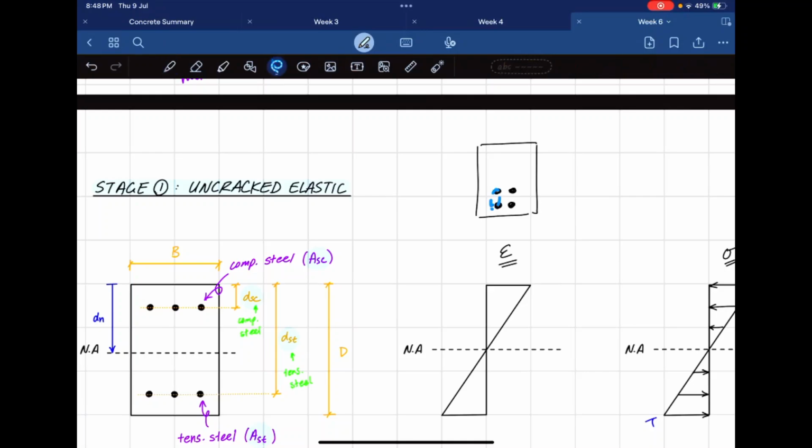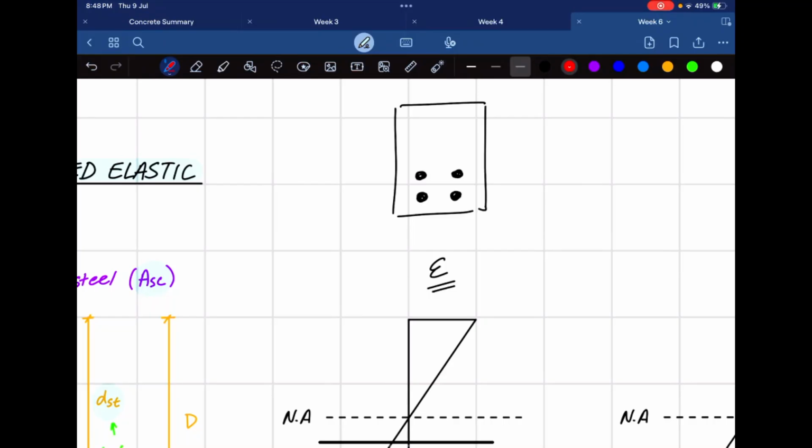Let me fix it up. Something like this. So we've got 2 layers of tensile steel. Where do we take DSC? Do we take it to this upper one, this lower one? What do we do? The answer is you actually take the average. So you take it right directly in the middle, just like this. This would be DST, in between both of the centroids of the bar, right?